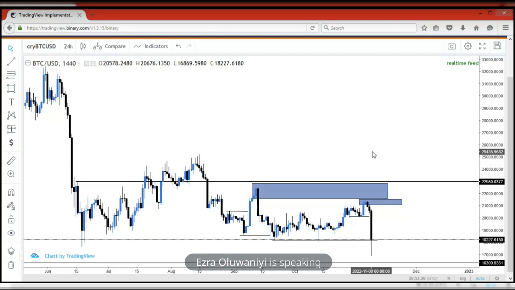For me, there are additional confluences I use to pick my order blocks. Sometimes some people say if an order block does not have imbalances, don't consider it. But for me, if I see an order block that serves as an institutional candle, which means it actually grabbed liquidity at one point in time, and it doesn't have an imbalance, I will still use it.